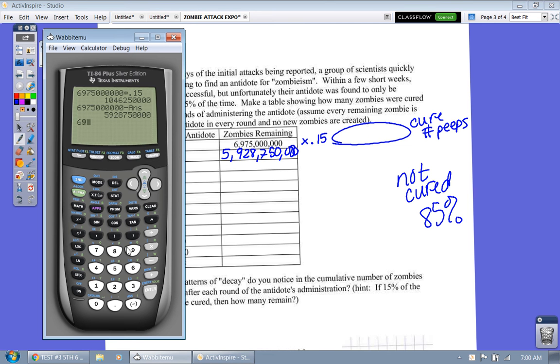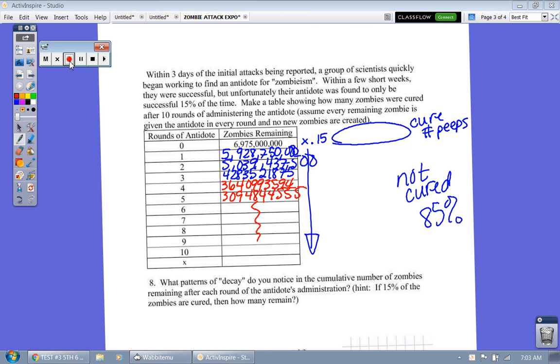Watch. 6,975,000,000 times 0.85. And this will tell me how many zombies are remaining. It'll automatically do that. So I'm going to pause it, fill this information out, but I'm going to use 85% instead of the 15, because I'm not worried about how many people are cured. I'm worried about how many zombies are left. Okay, so you see the idea with the table here.